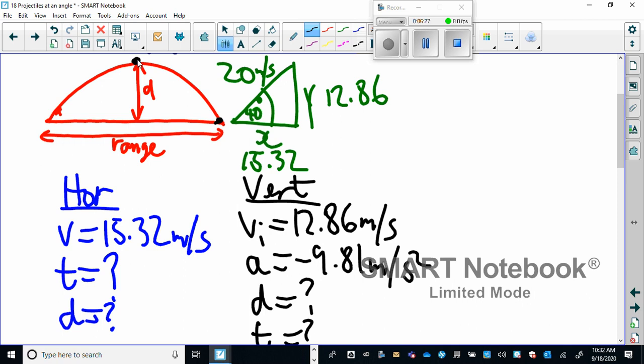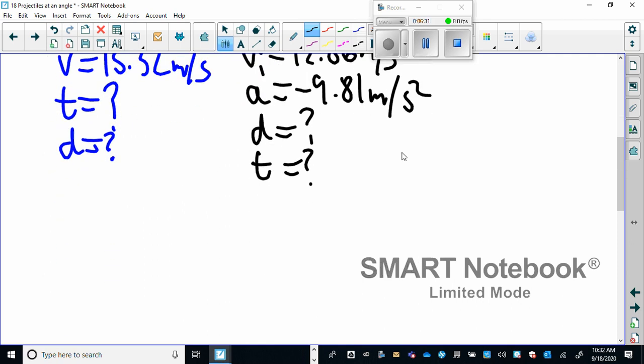But at this point right here, we said the vertical velocity is 0. So final velocity equals 0 or negative 12.86 meters per second. And the one you use is going to depend on what the question is asking.